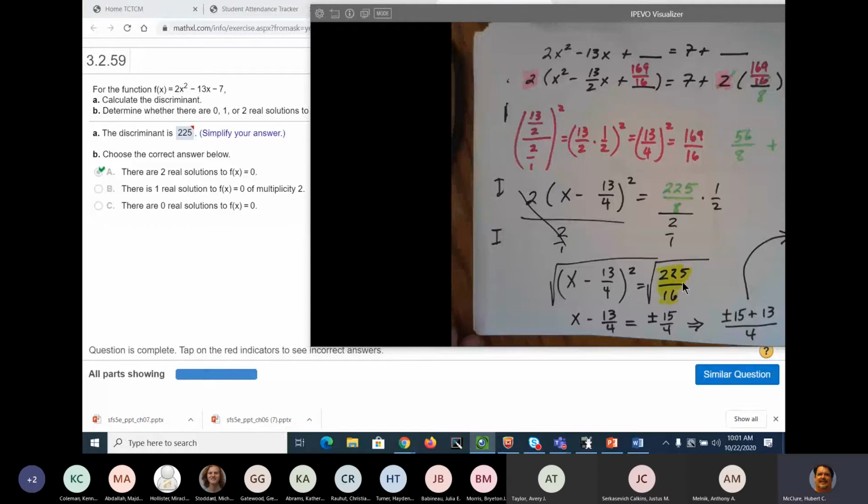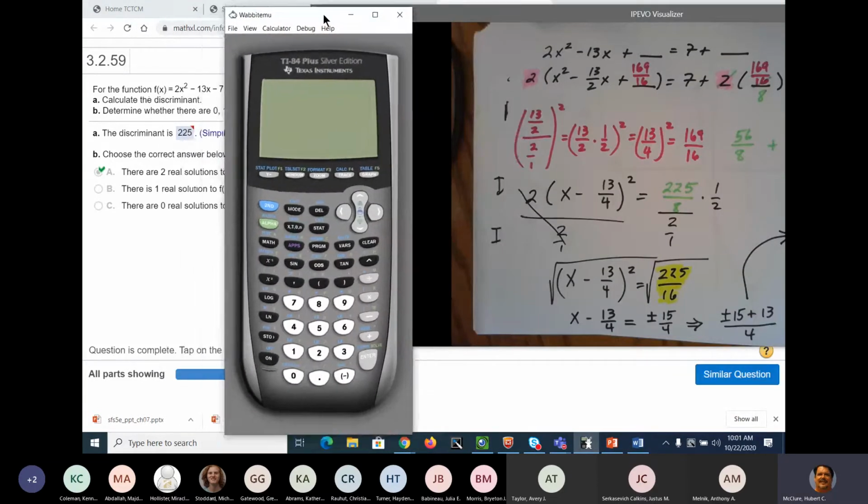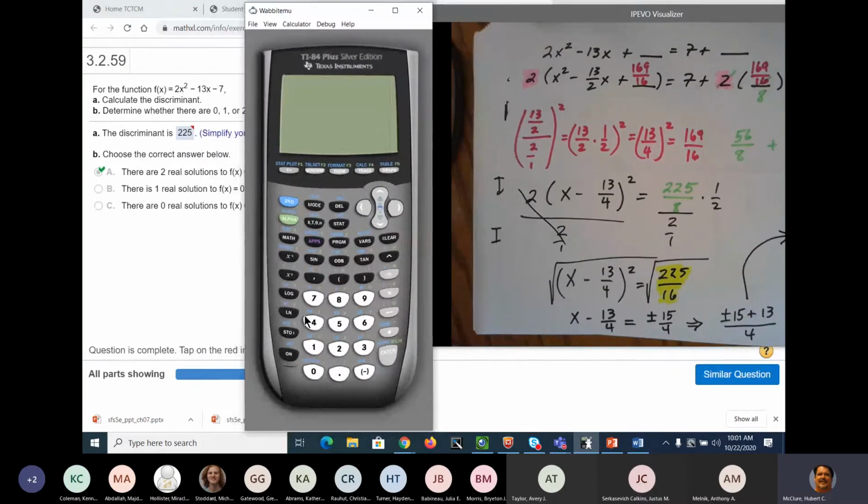I'm looking to make sure I didn't do something wrong. Well, let's check it and see if I did something wrong. Let's see what the x-intercepts are, and that'll tell you if I'm right or they're wrong.